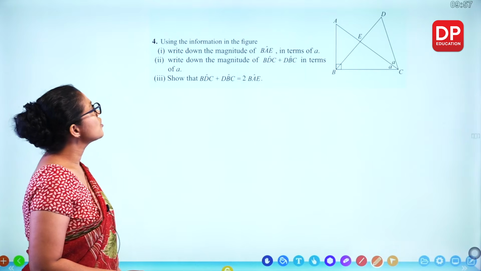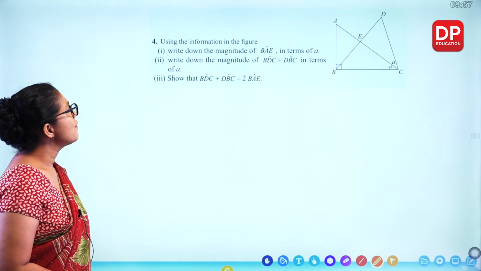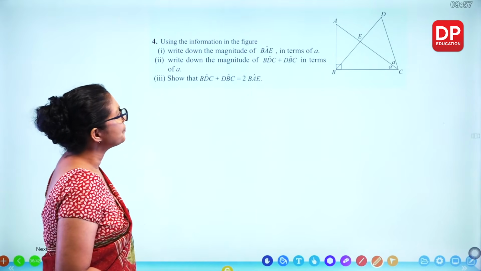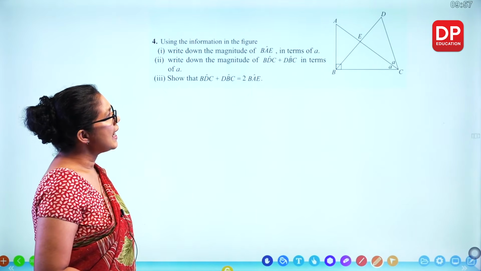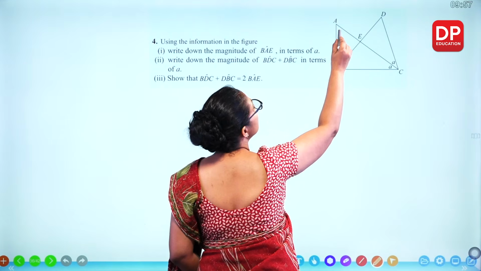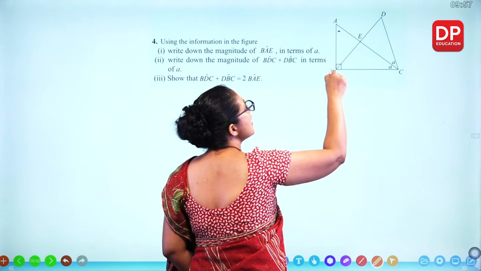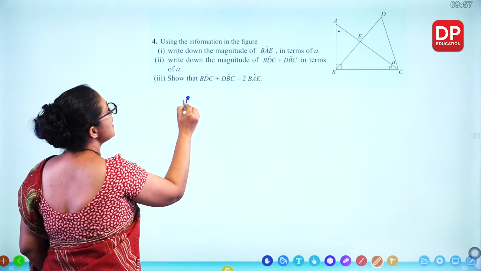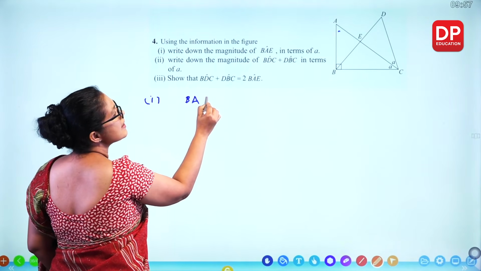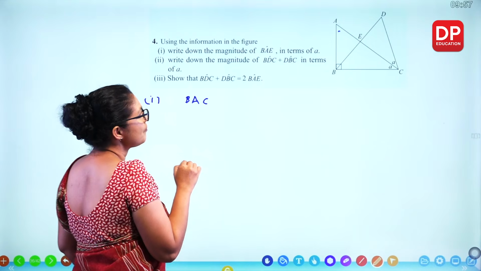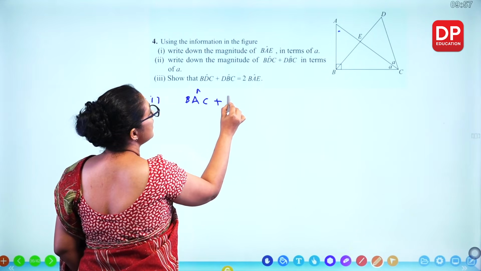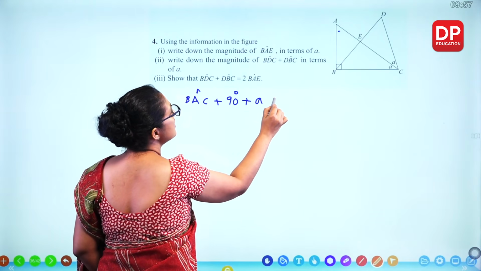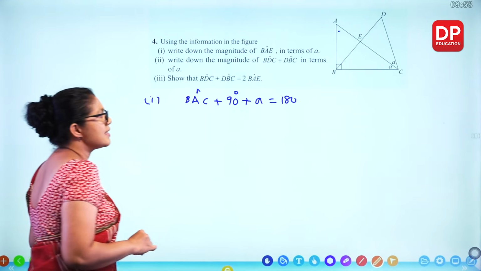Now we'll look at the fourth question. Using the information in the figure, write down the magnitude of BAE in terms of A. BAE, this angle. Look at this triangle. So here what can you say? BAC plus 90 degrees plus A angle is equal to 180.